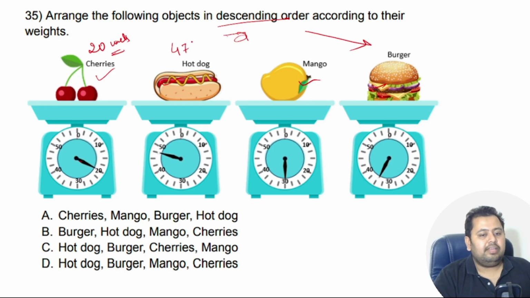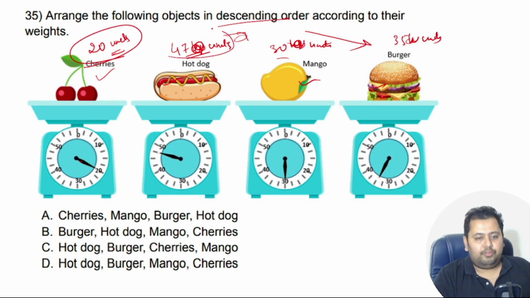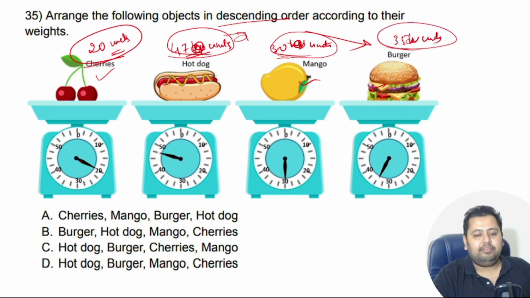Then mango is 30, and burger is around 35 units. I'm so sorry, I was saying kgs. This is not kgs, this is units. So cherries is 20 units, hot dog is 47 units, mango is 30 units, and burger is 35 units, right?